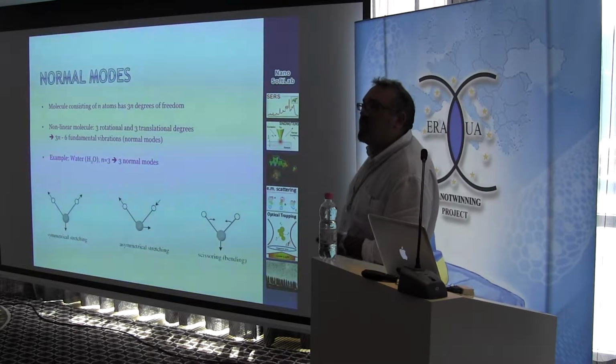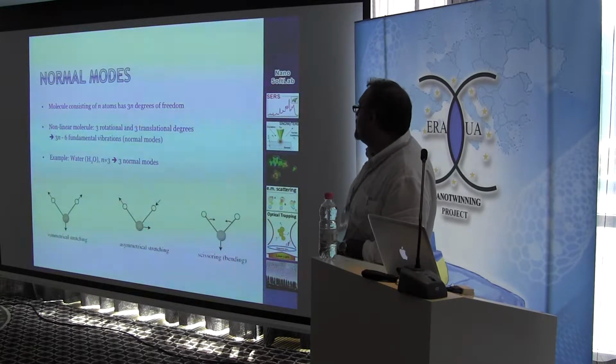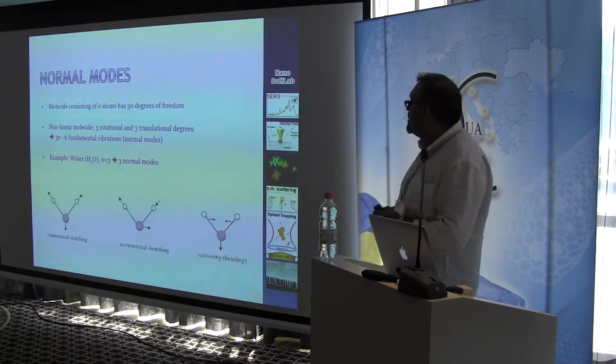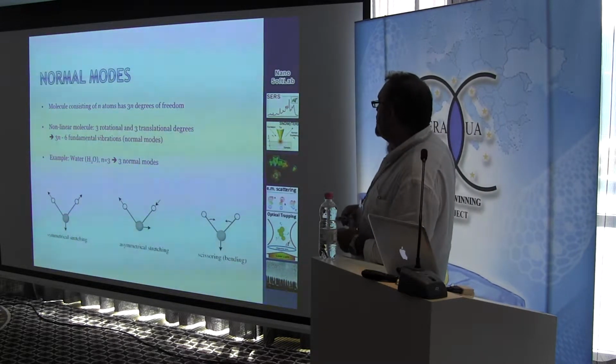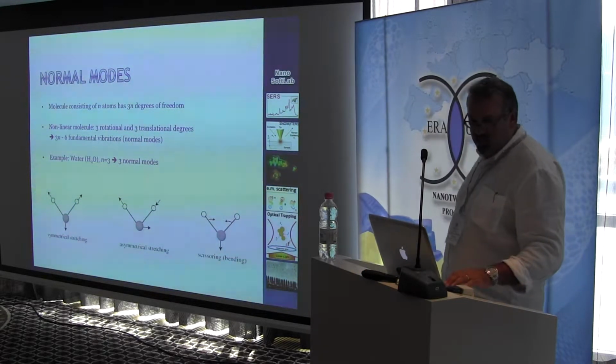And with Raman and infrared spectroscopy, we get insight into the energy of these 3N minus 6 vibrational modes. A clear example is water. We have 3 atoms, so we have 3 vibrational modes. The picture depicted below represents these vibrational modes, that are the symmetrical stretching, asymmetrical stretching, and scissoring bending modes.